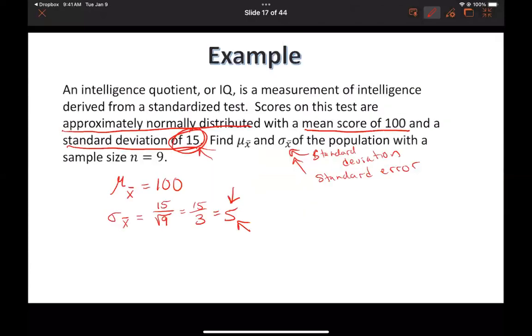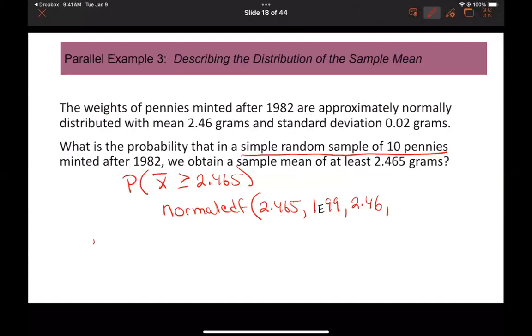So I have my sigma sub x bar equals 0.02, the population standard deviation, divided by the square root of 10, since we're looking at 10 pennies. I'm going to map this out with my fancy calculator. I got approximately 0.0063. So this is the number that I have to put in here.